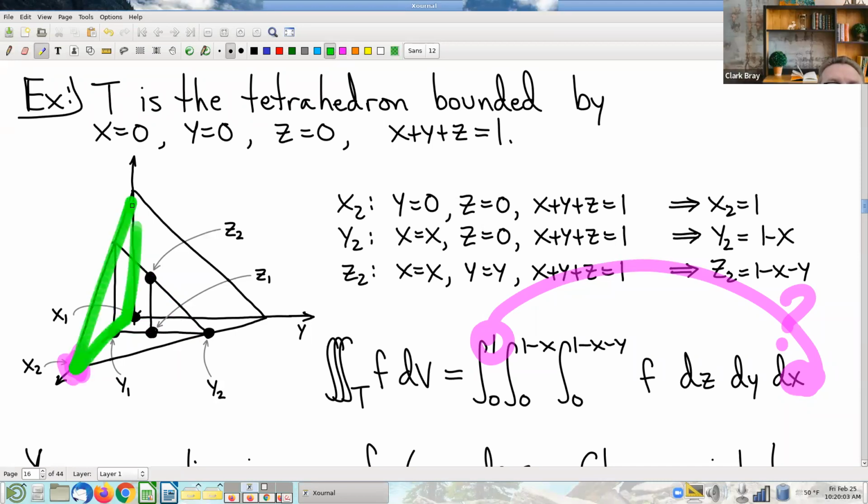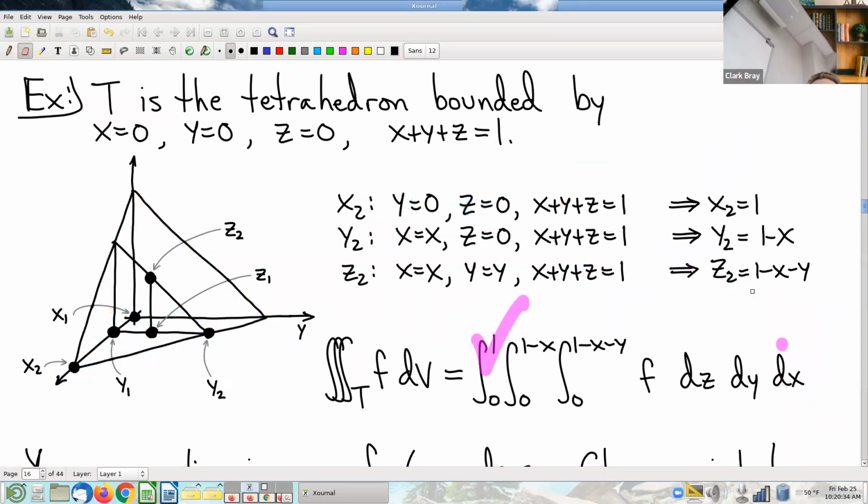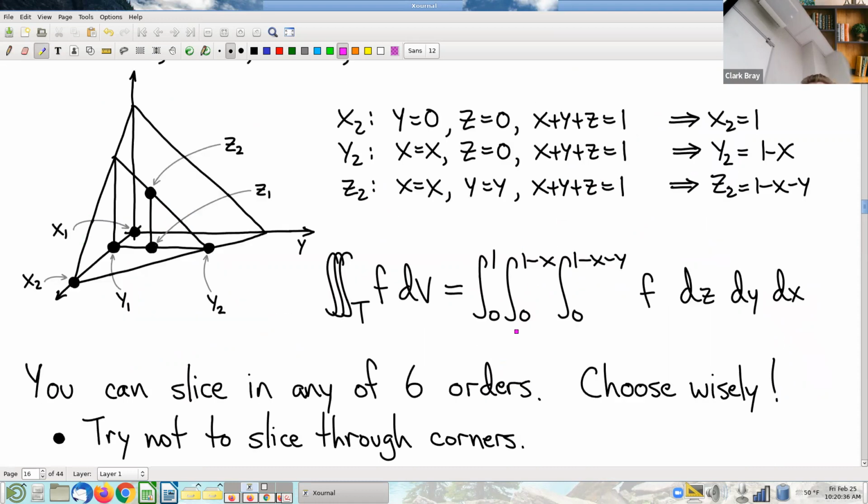I know it's on that plane, and I know it's on this plane, and I know it's on this plane. So how am I going to understand that upper bound? How am I going to understand this point? Well, by solving these equations, and that gives me that upper bound. Then you fix the slice, repeat the process, etc. Okay. All right.